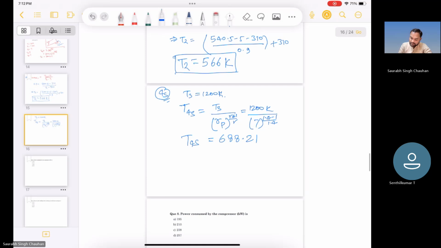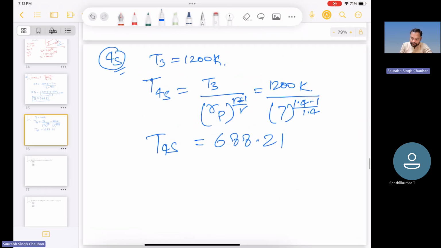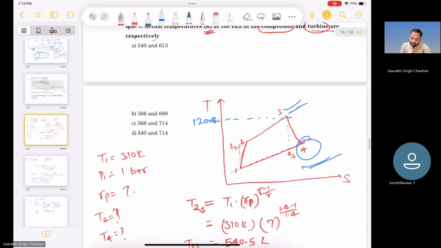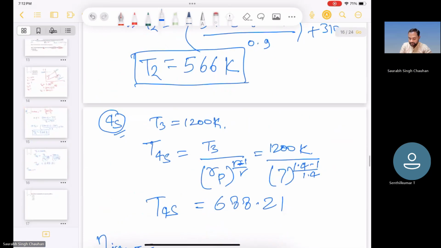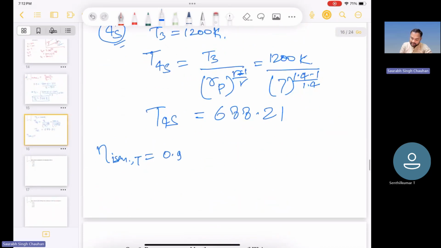And then we'll use the isentropic efficiency of turbine. How much is it? 95%, right? It is given 95%. So 0.95 will be equal to T3 minus T4 divided by T3 minus T4S. Is this clear?